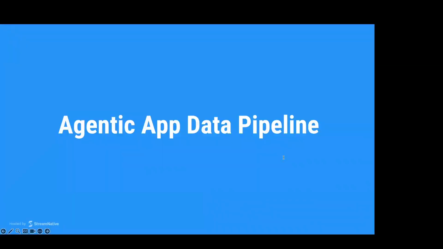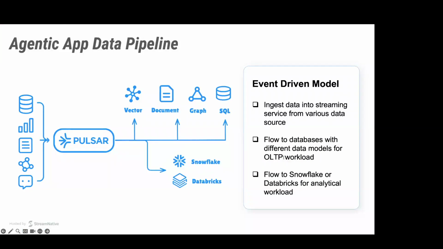Okay, let's shift gears and talk about what the data pipeline looks like for those new AI-driven apps. Nowadays, agentic app data pipelines are very event-driven. They react to real-time data and persist to streaming services like Pulsar at first.